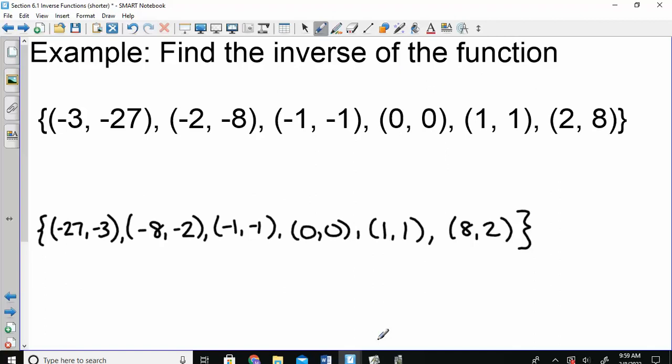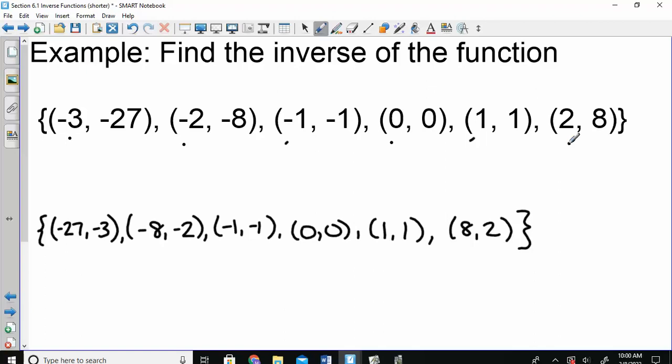So if I'm looking at that, the domain in my original, those were my x's, -3, -2, -1, 0, 1, 2. What are those in my inverse? The domain in my original becomes what?